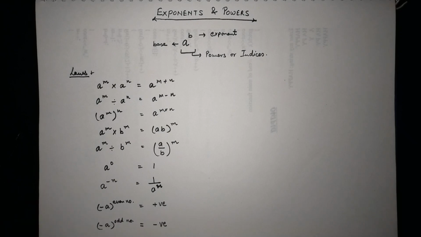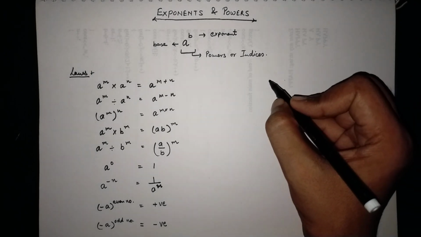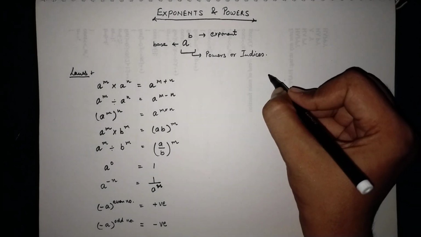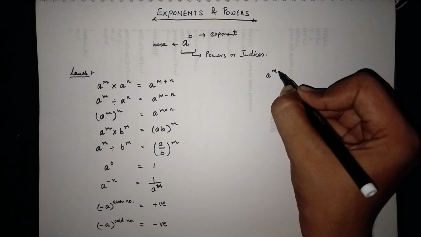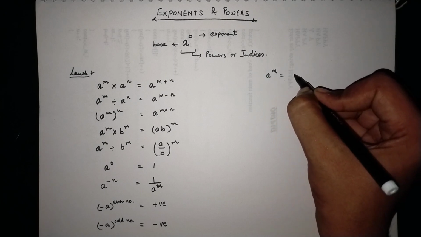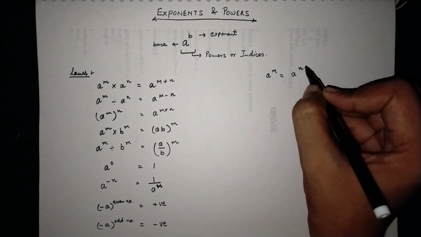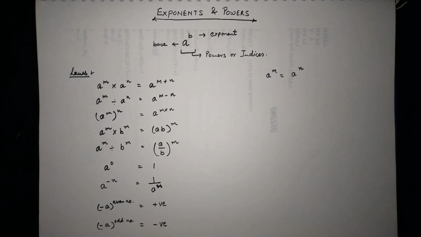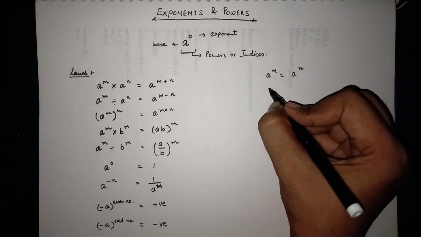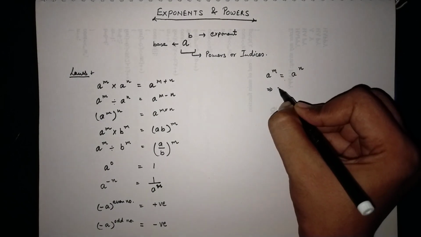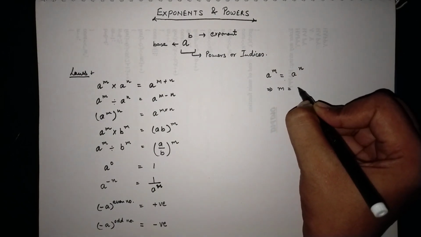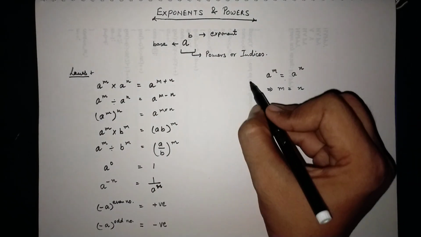Let's discuss a few more rules. If a to the power m equals a to the power n, this means the bases are same, so in that case your powers will also be same, that is m equals n.